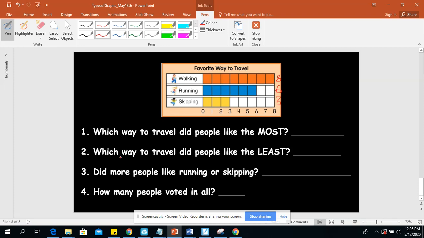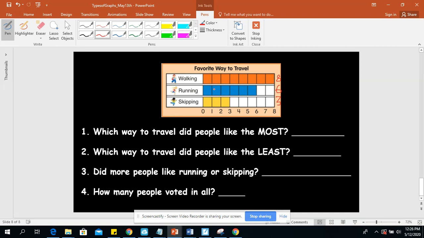Number 2, which way to travel do people like the least? So which way got the least amount of votes? Look at the bar graph. The answer is skipping. The bar next to skipping is the shortest. Only 3 people chose skipping. More people chose running.